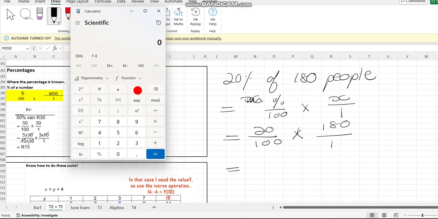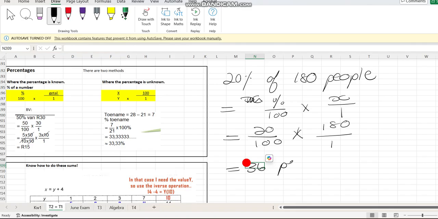You take a calculator, which is 20 times 180 divided by 100. So 20% of 180 people gives me 36 people. Okay, so that's the first method.